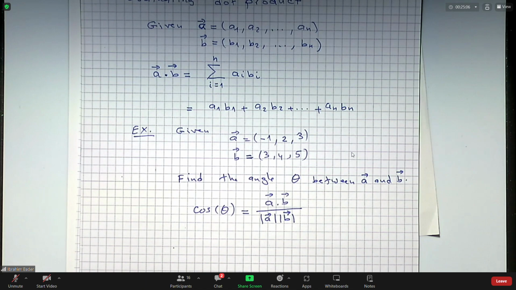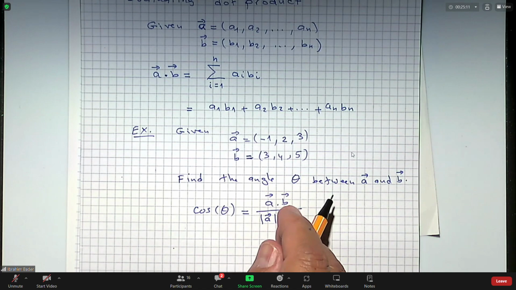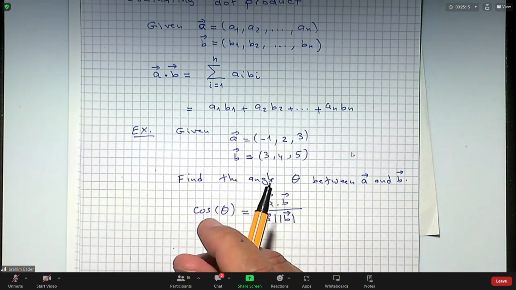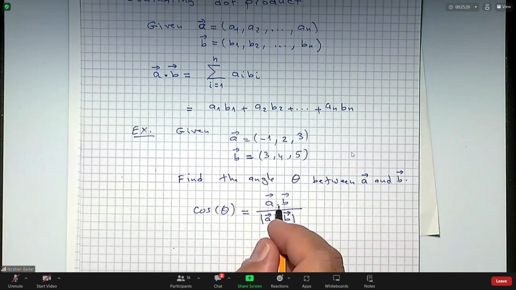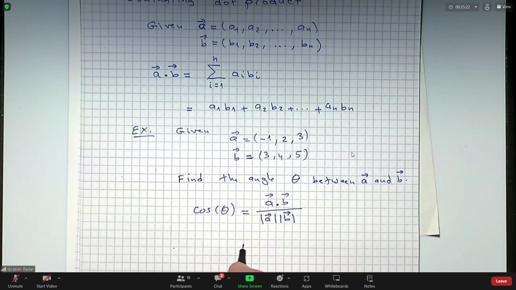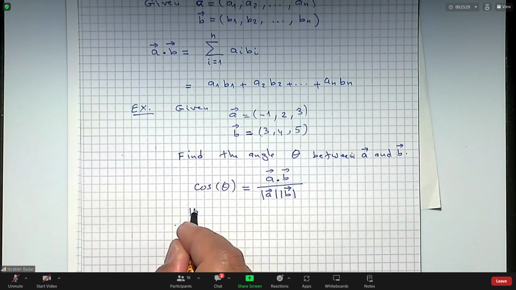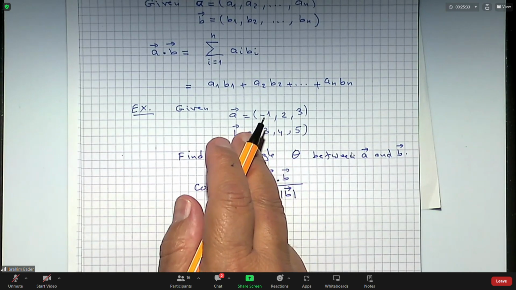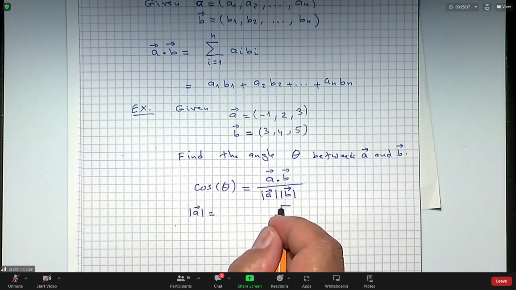Now, we want to evaluate theta. That means if we know this ratio here, then we will plug it into the calculator and evaluate cosine inverse to get theta. So that means here we need to evaluate the dot product. But before that, let me just remind you how to evaluate the magnitudes here. The magnitude of A equals, we have here the coordinates of A. We square each coordinate, add them up, and take the square root.